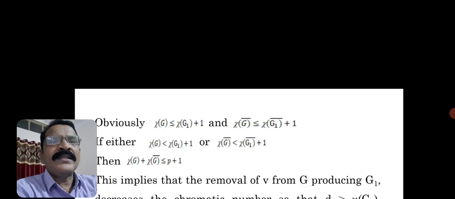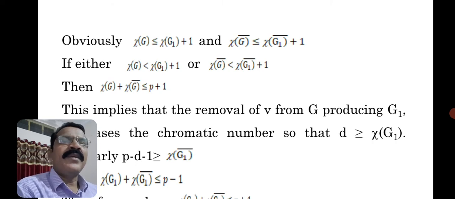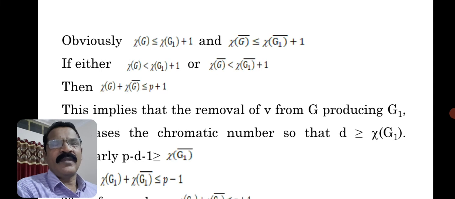Obviously, the chromatic number of G is always less than or equal to the chromatic number of G1 plus 1. It's very obvious. And the chromatic number of G bar is always less than or equal to the chromatic number of G1 bar plus 1.